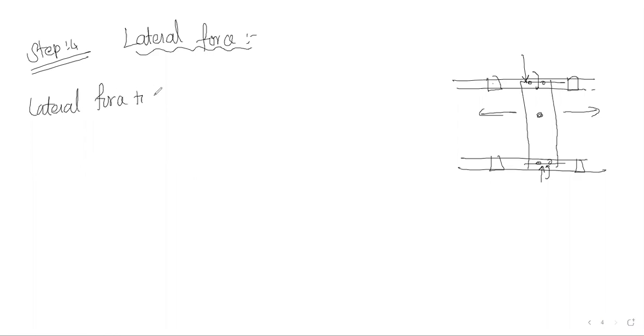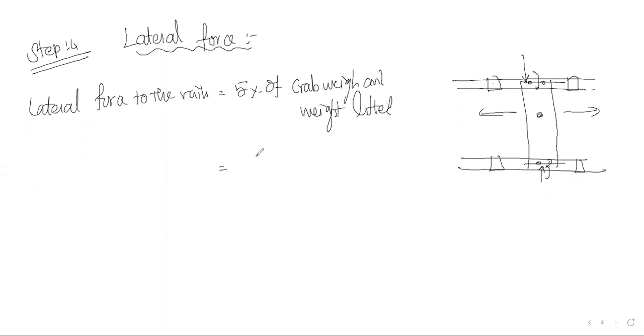So lateral force to the rails is equal to 5% of crab weight and weight lifted. We are going to take 200 kilonewton as the crane capacity, which is the weight lifted.